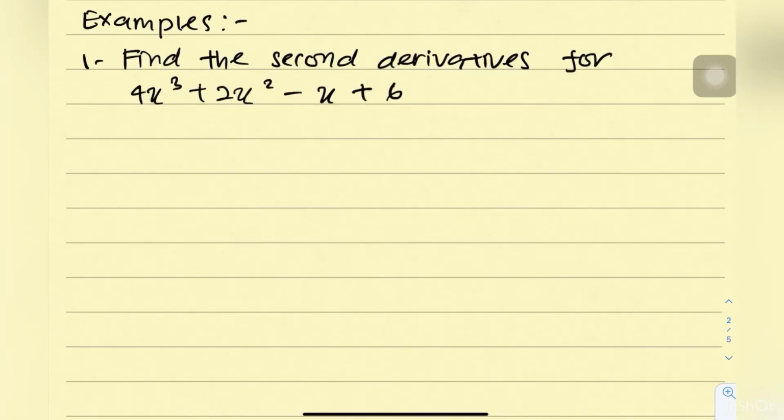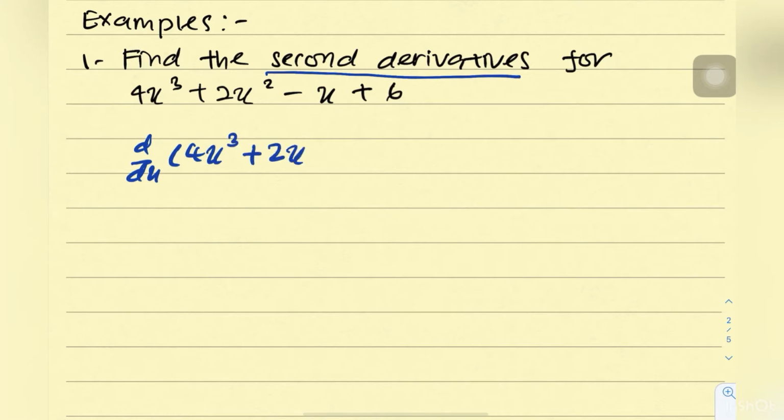Let's do an example. Example number 1. Find the second derivative. So you have to find the first derivative first. d/dx of 4x cubed plus 2x squared minus x plus 6.